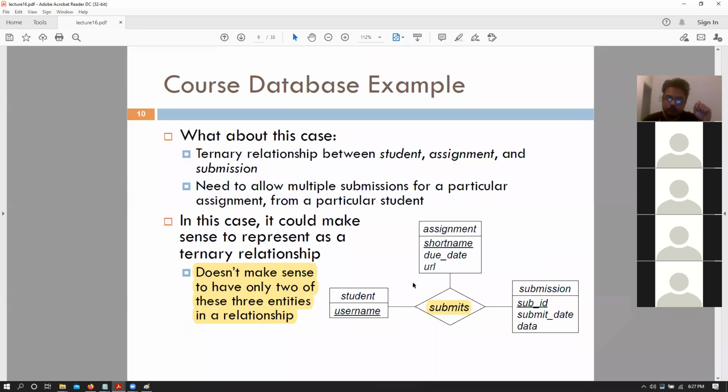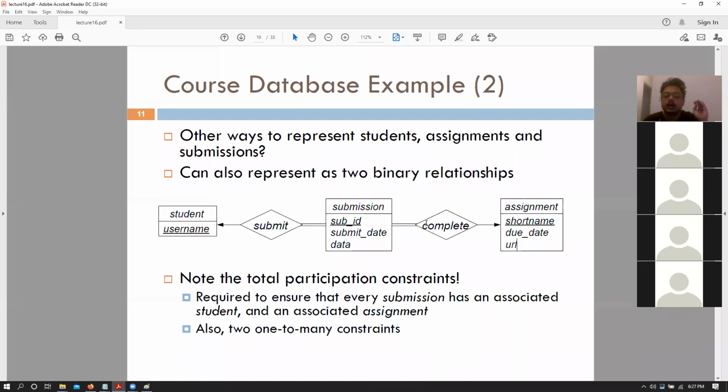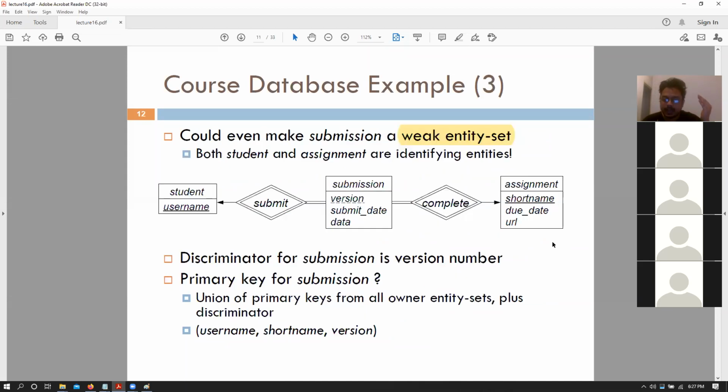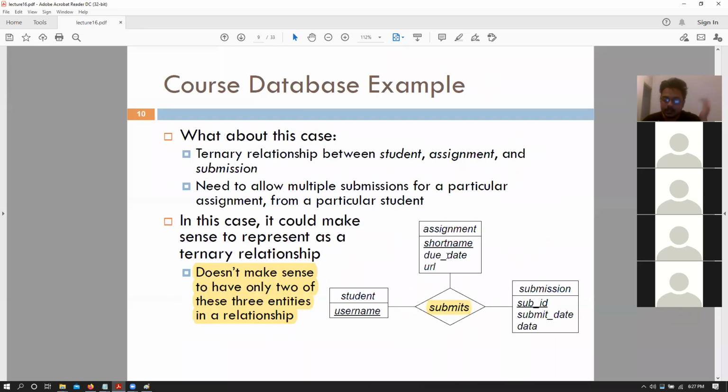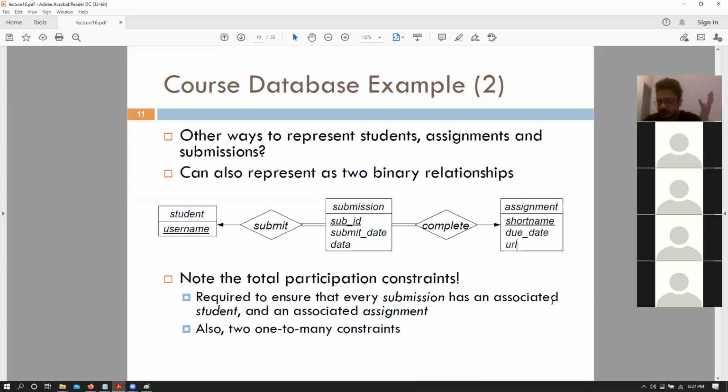So we can convert this into an equivalent binary relationship. But again, this does not allow all of the benefits of the previous ternary relationship. Every student name, assignment name, and submission ID has to be related, right? That is not guaranteed, because a student can have a submission without an assignment in this particular representation.